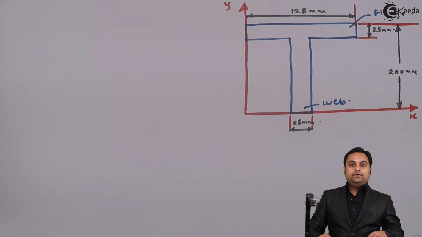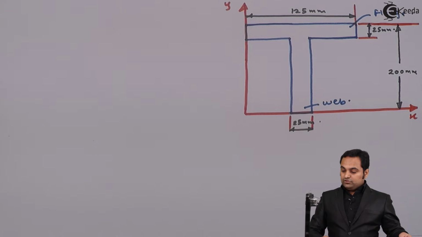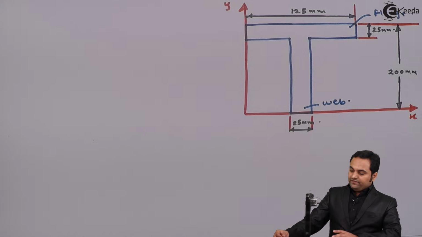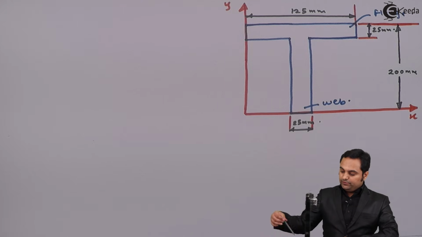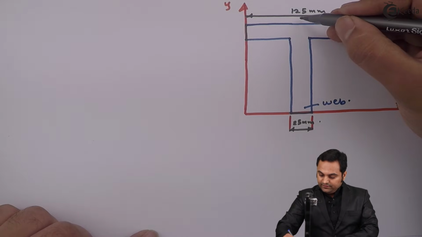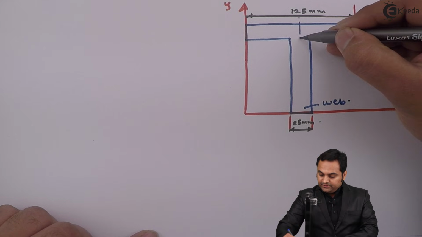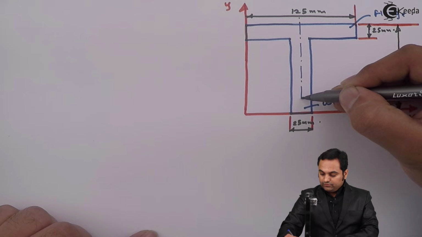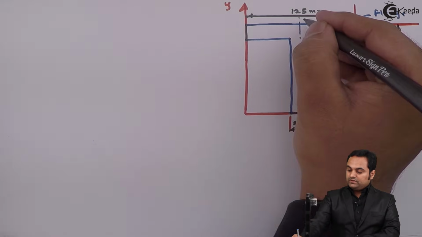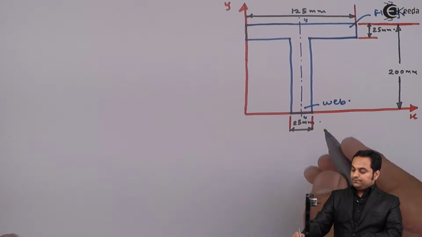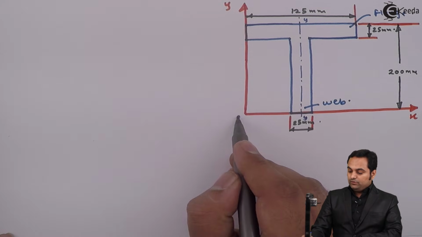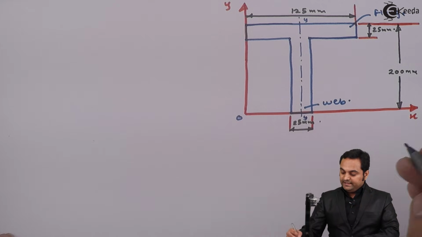Now, first of all, once I have marked all the dimensions on the T section, I'll need to get the value of centroid here. That is, centroid needs to be located. As I can see, this T section is symmetric about the vertical axis or y axis. So centroid will lie on this axis. This is the y axis. So the distance of this y axis from the origin will be nothing but x bar.